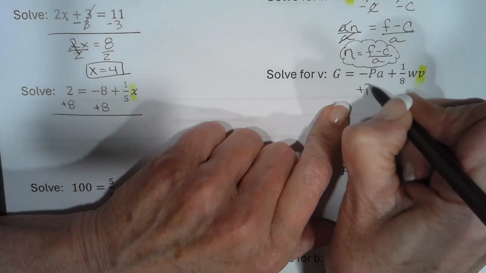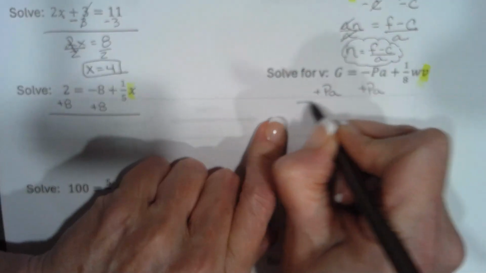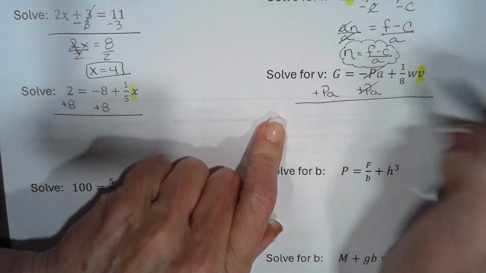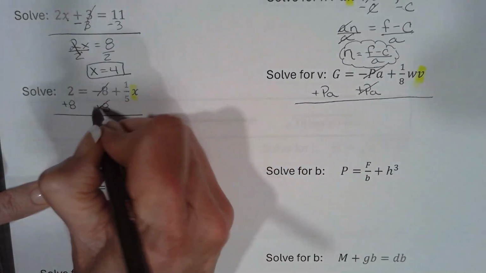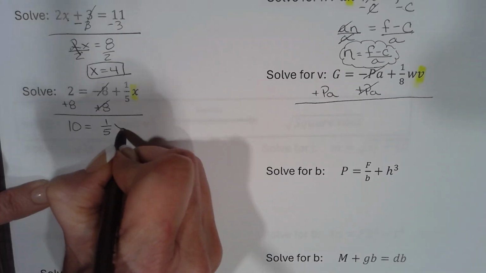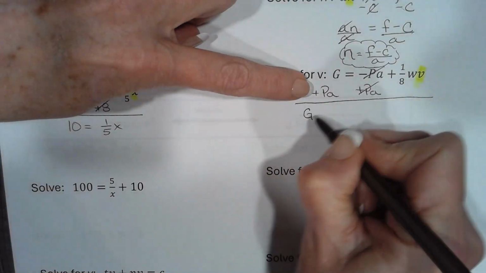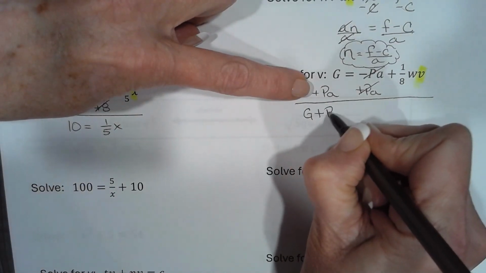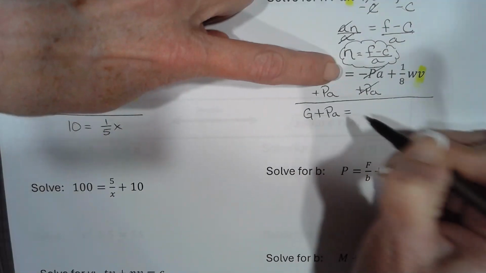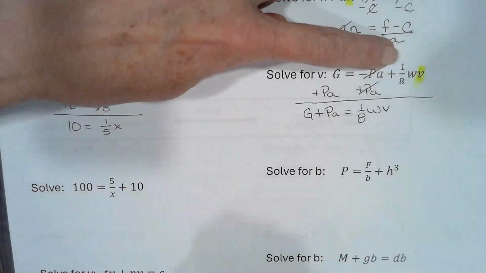So I'm going to add PA to both sides. Combine to get a 10. Bring everything else down. Here I'm going to write these. G plus PA equals 1/8 WV.